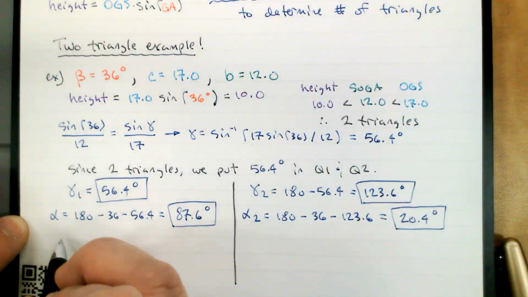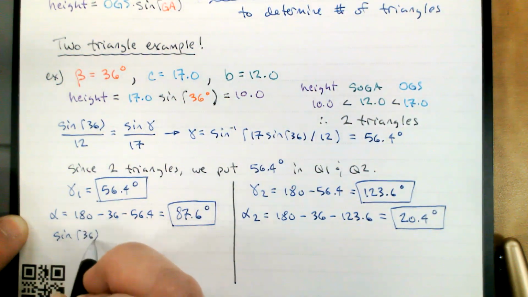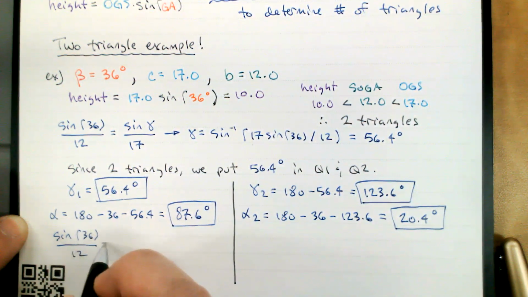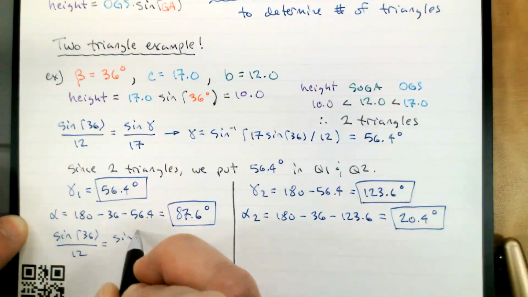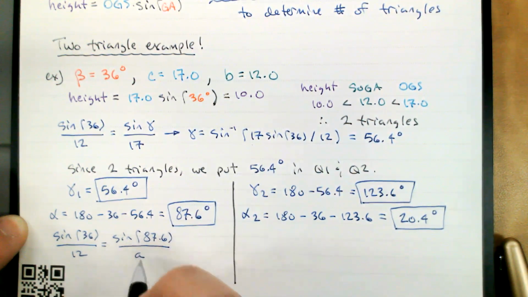But I'm going to say sine of 36 over 12 is sine of 87.6 over A. So my first A is 12 sine 87.6 divided by sine of 36.